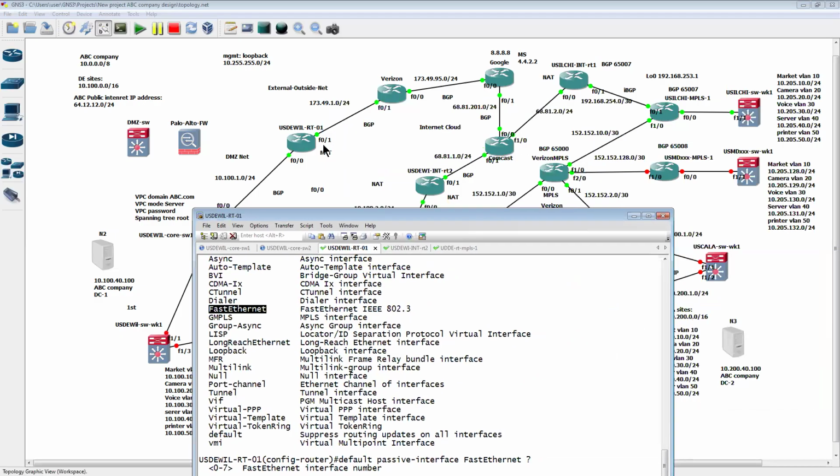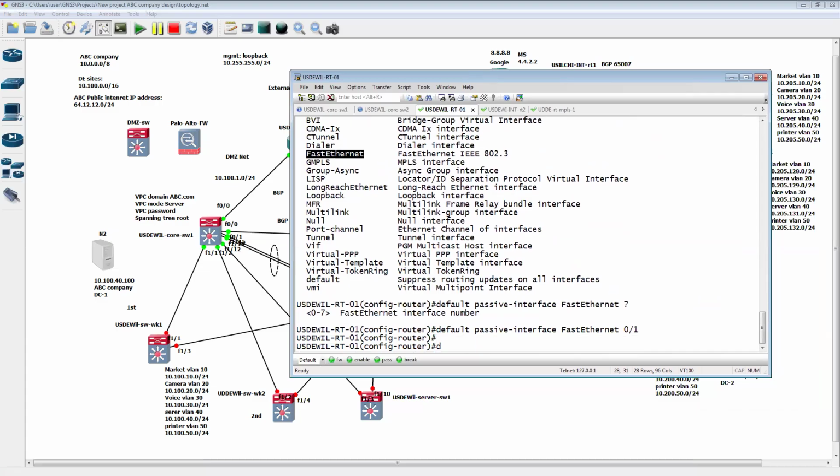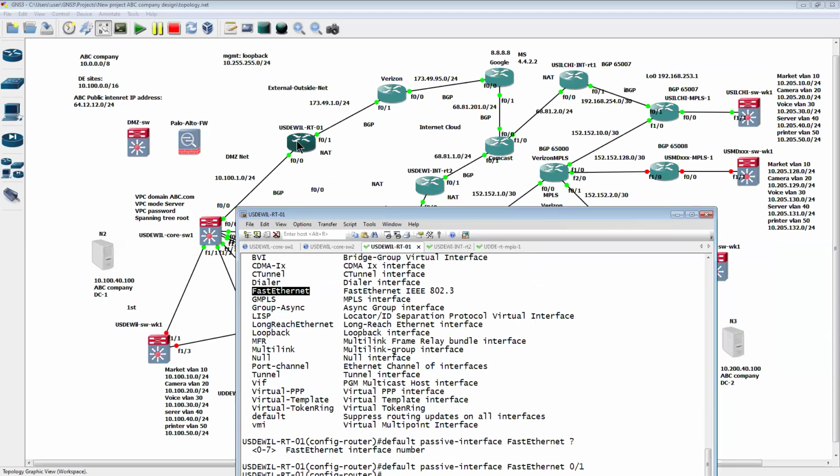Okay, so what is the port number? So F0/1. Beautiful. So now we have this command in here: passive interface F0/1. We just turn off one interface, not allowed to form any OSPF neighbor.